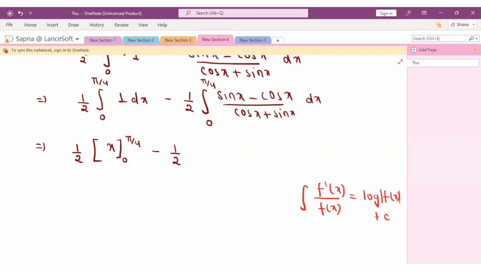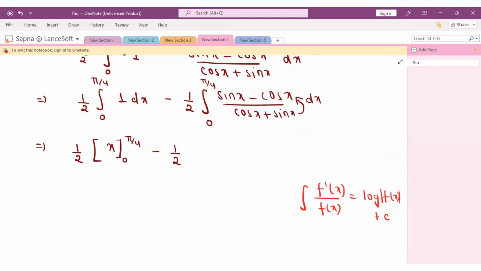So half, and then we can use the formula, because you can see here that we have a function cos x plus sin x in the denominator, and if you find the derivative of this function, you will get sin x minus cos x, because the derivative of cos x is minus sin x and the derivative of sin x is cos x.